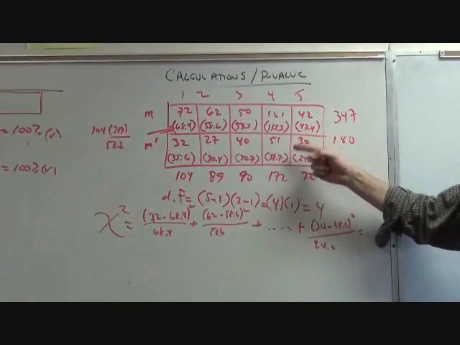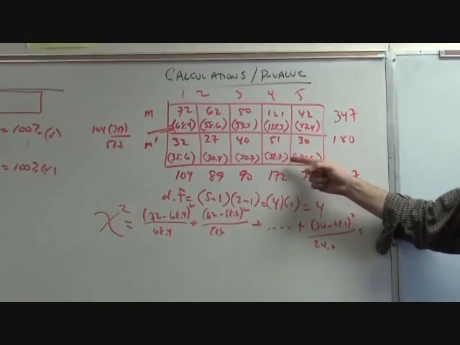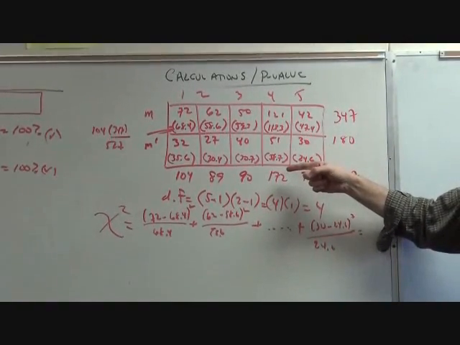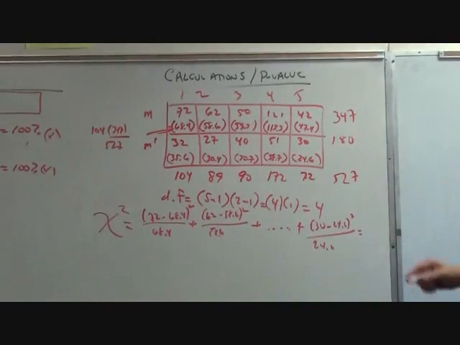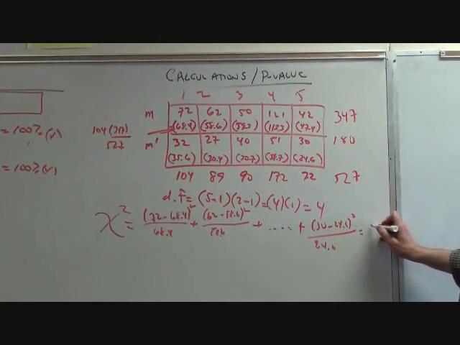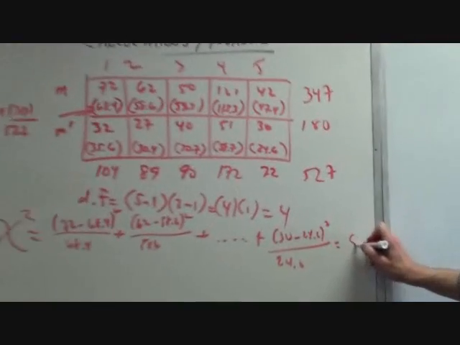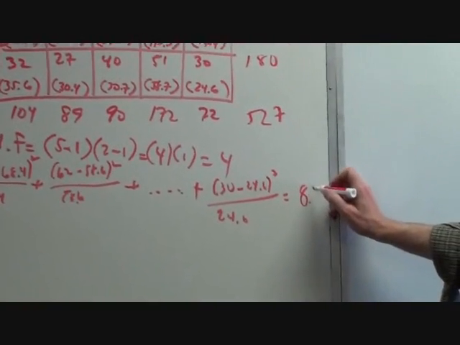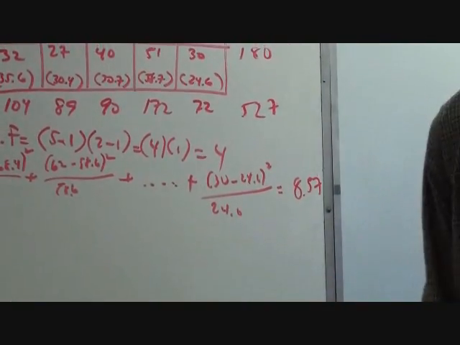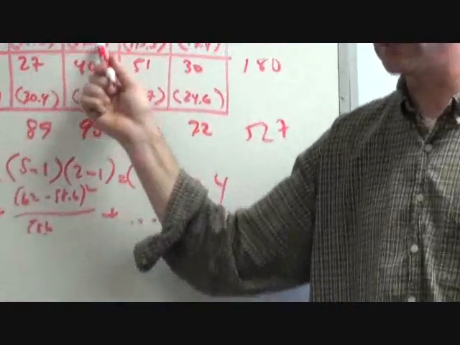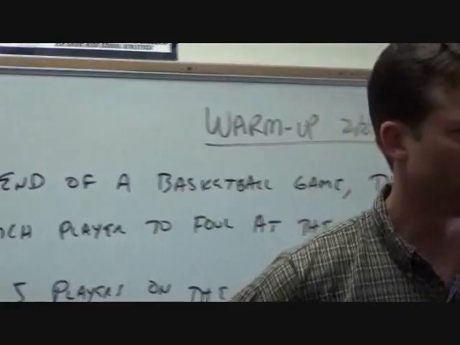Yeah. Maybe you get different expected values? 8.57? 8.57 is correct. You got the same? Armando, you got the same expected values? Check it.